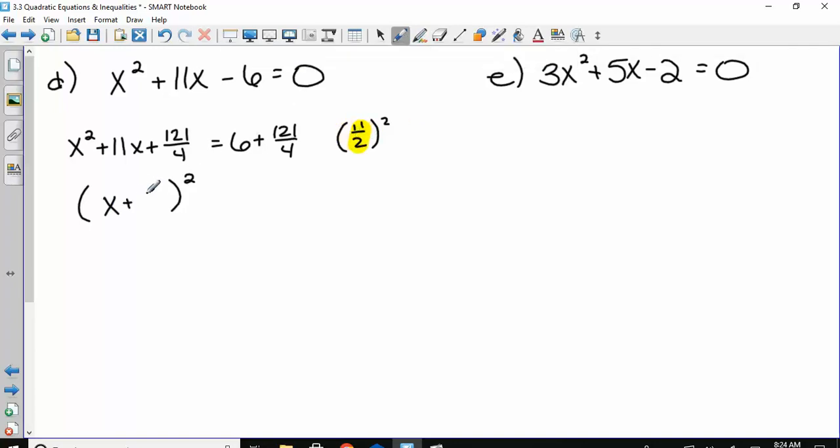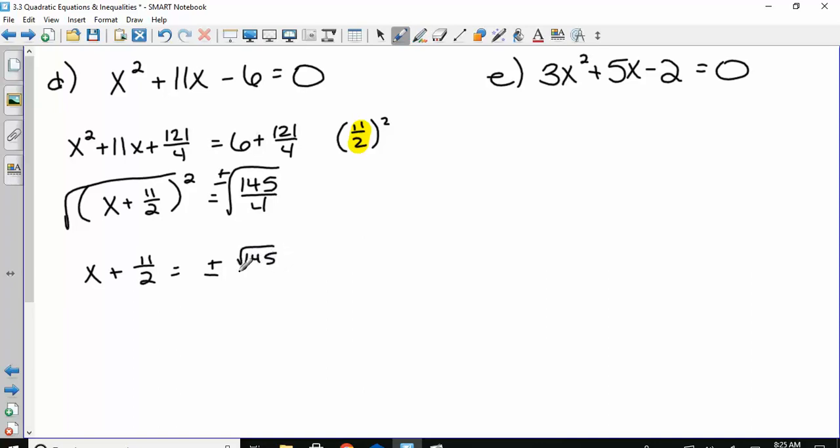So this is x plus 11 over 2 squared equals 145 over 4. All right, then we need to square root, plus and minus. Does 145 reduce at all? So you have to subtract this over, so negative 11 over 2 plus and minus the square root of 145 over 2.